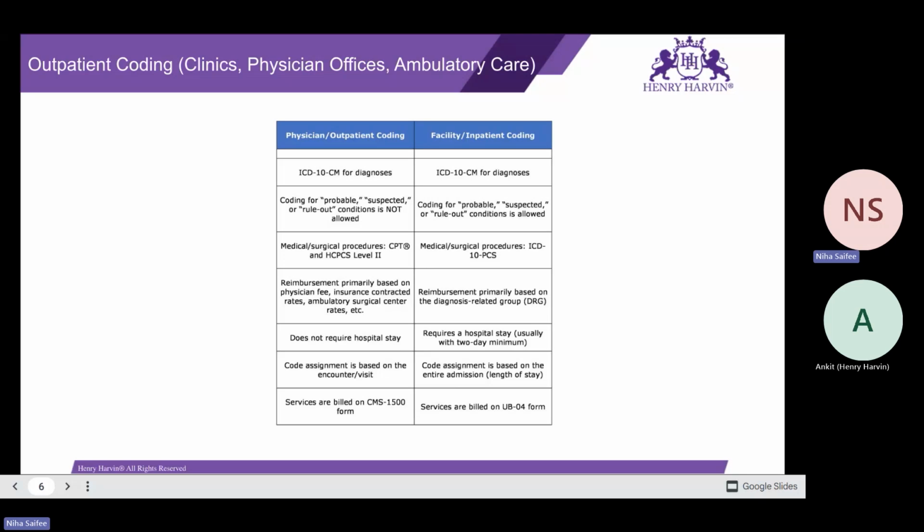So that's the reason why probable, suspected, or rule out conditions are allowed. But in outpatient, you cannot have probable, suspected, or rule out conditions, because there you can have the symptoms.